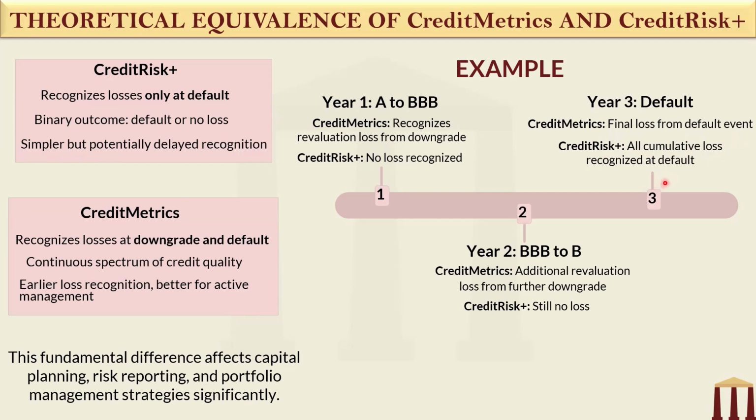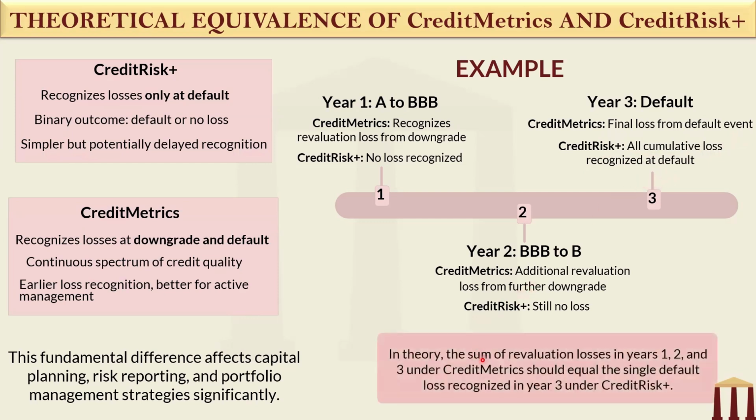Theoretically, if both models use consistent assumptions, the total loss recognized by CreditMetrics, or the sum of revaluation losses in years 1, 2, and 3, should equal the single default loss recognized by CreditRisk+ in year 3. It is simply a matter of timing. So in both cases, the present value of losses over the full horizon has to be identical.